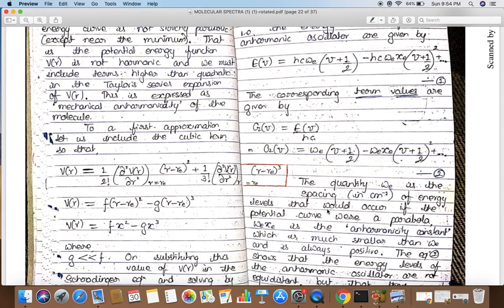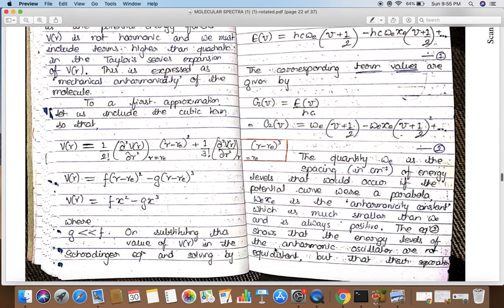Now this quantity omega e is the spacing in centimeter inverse of energy levels that would occur if the potential curve were parabolic. So if I have a parabolic curve, then the frequency is omega e, that is a wave number. On the other hand, the term omega e xe is an anharmonicity constant, which is much smaller, and is always positive. This quantity is positive and very small.